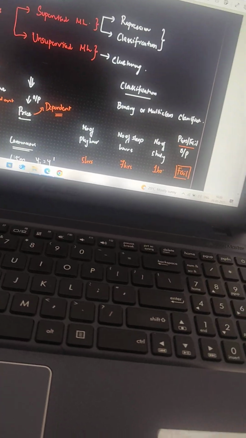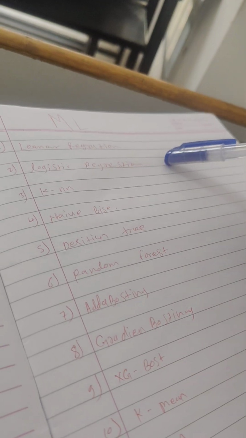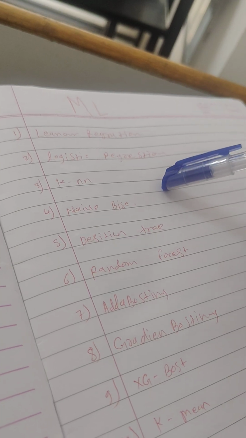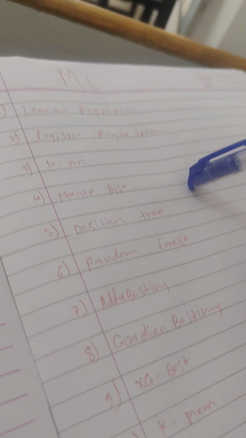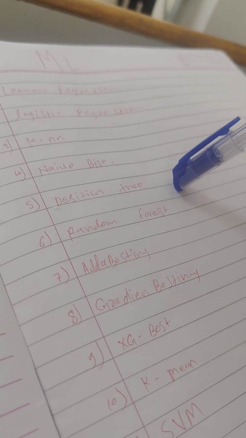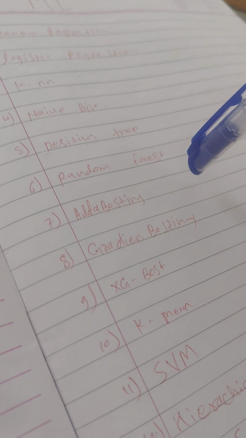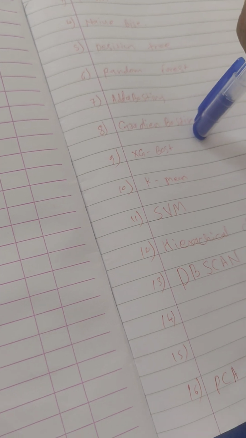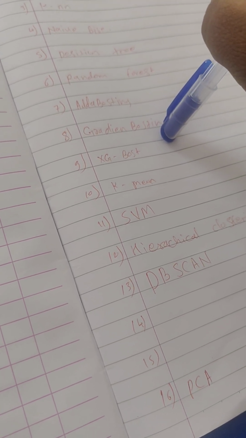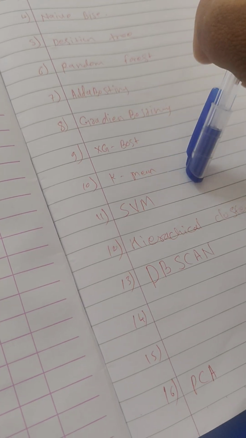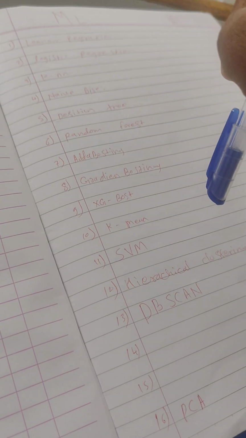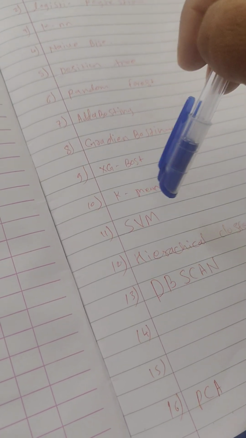In supervised we have lots of algorithms. The first algorithm is linear regression, second is logistic regression, third one is KNN, it means K nearest neighbor, fourth one is naive Bayes, fifth one is decision tree, sixth one is random forest, seventh one is AdaBoost, eighth one is gradient boosting, ninth one is XGBoost, and 10th is K-means. Actually K-means belongs to unsupervised, and the last algorithm of supervised machine learning is SVM.